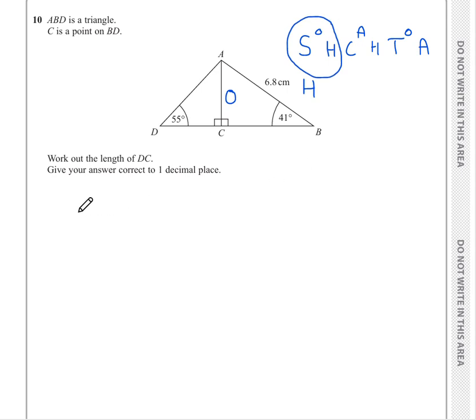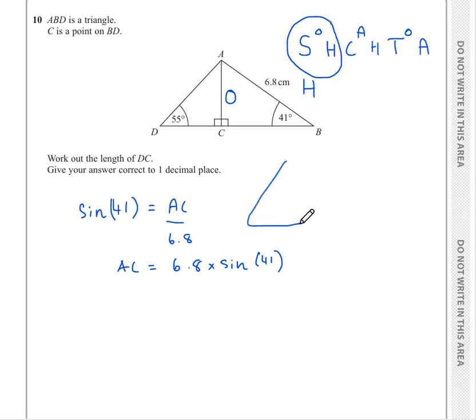So let's have a look. So we've got sine of our angle, 41 degrees. It's going to be equal to my opposite side, which I'm going to just call AC, divided by the hypotenuse, 6.8. In order to solve that, I'm going to multiply by 6.8. So AC is going to be 6.8 times sine 41.